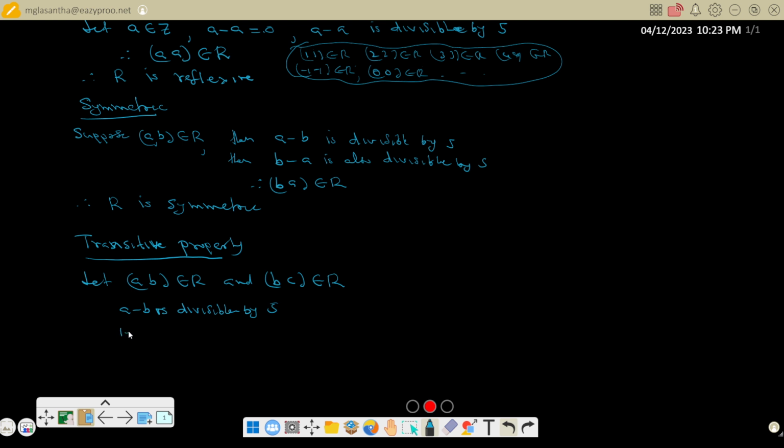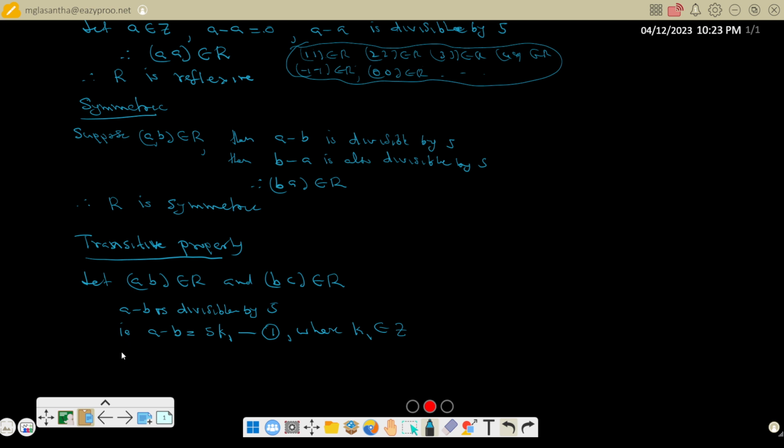That is a minus b equals 5k1, where k1 belongs to Z. K1 is an integer, otherwise you can say it is divisible by 5. If it is divisible by 5, then a minus b is a multiple of 5. So you can write a minus b equals 5 times a certain integer, right?